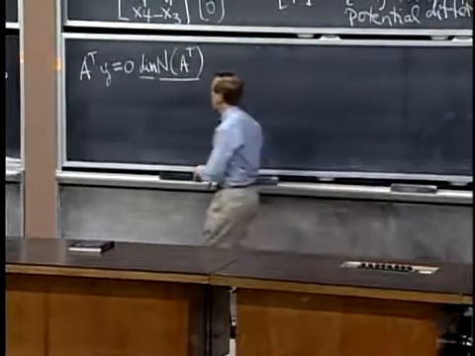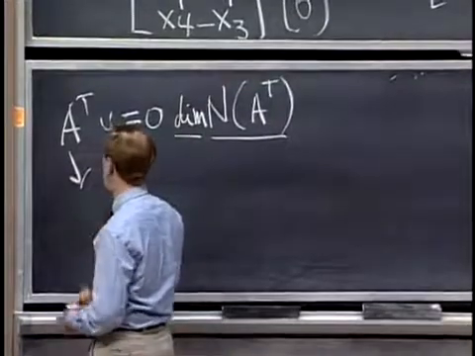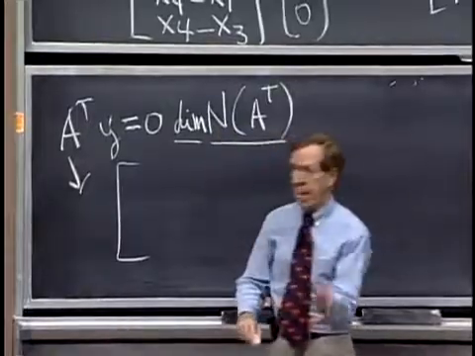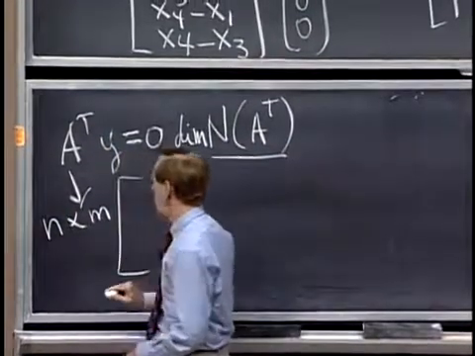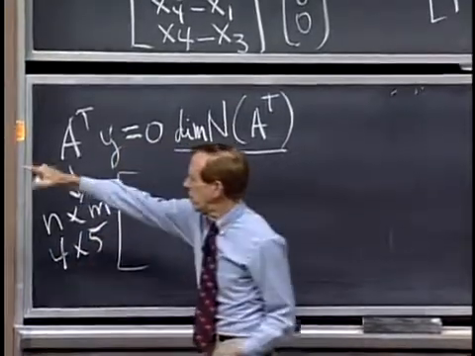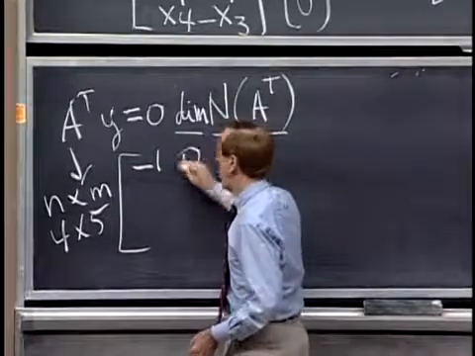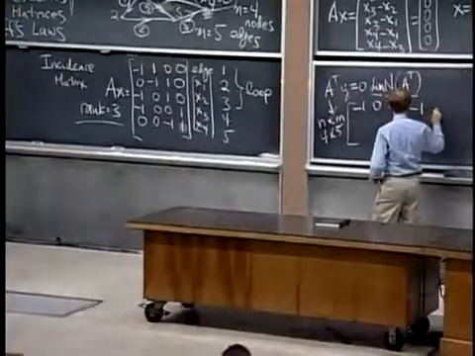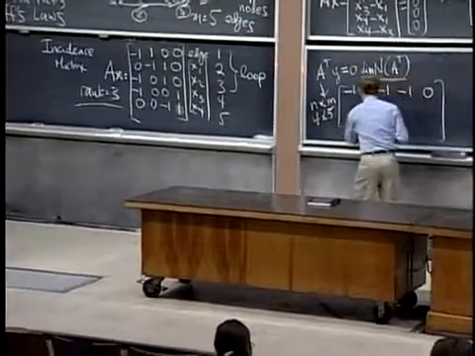A transpose, let me even write out A transpose. This A transpose will be n by m, right? N by m. In this case, it'll be 4 by 5. Those columns will become rows. Minus 1, 0, minus 1, minus 1, 0 is now the first row.